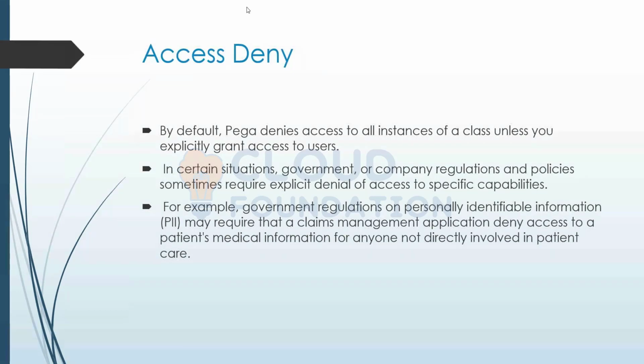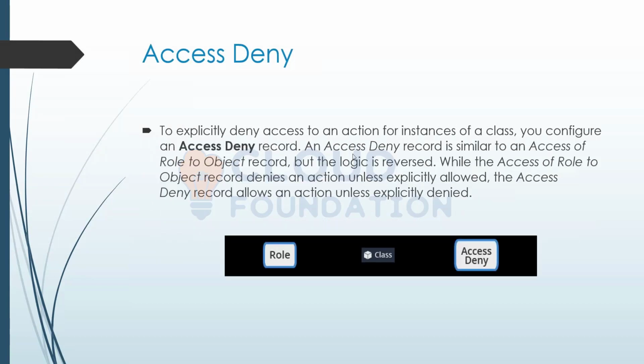So when you start using the access deny rules, I think this is what I was mentioning. The access deny is similar to ARO, but the logic is reverse. ARO denies the action until you specify it, whereas access deny allows the action unless specified.